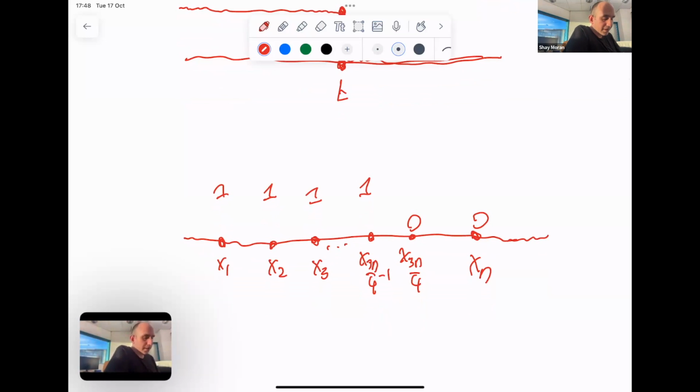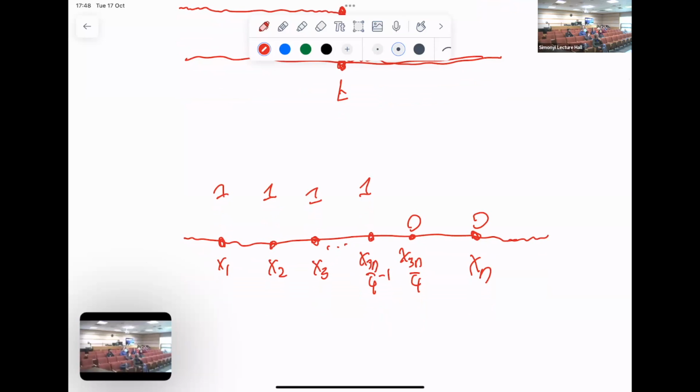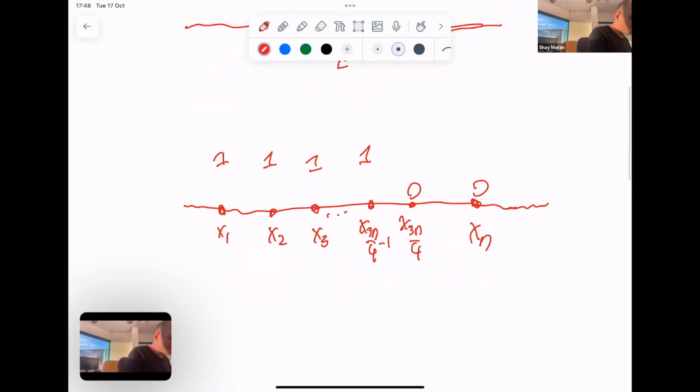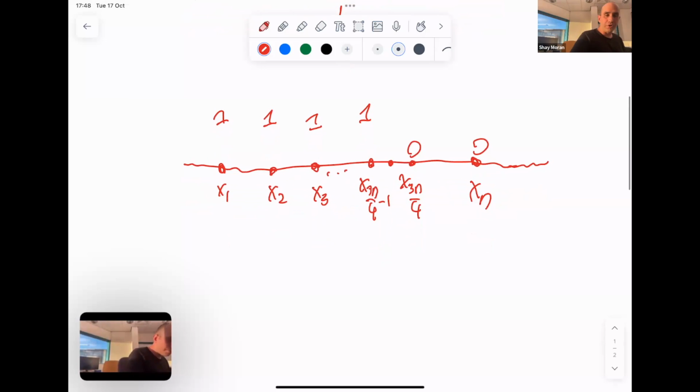Given this training set, which classifier would be natural to output, which function? Can you suggest anything? Okay, good. One possible classifier would be to take the middle point where the sign change occurs, and output the threshold consistent with this point.